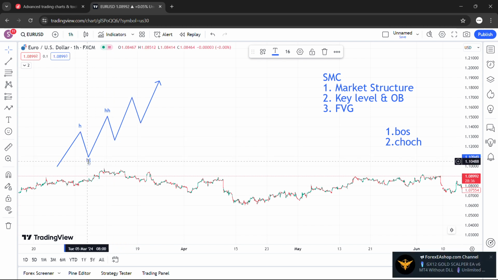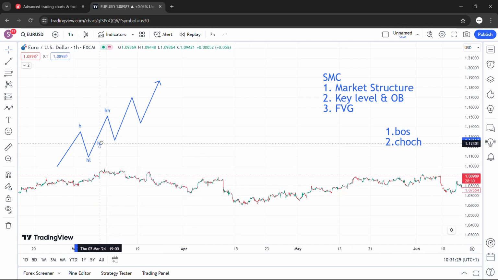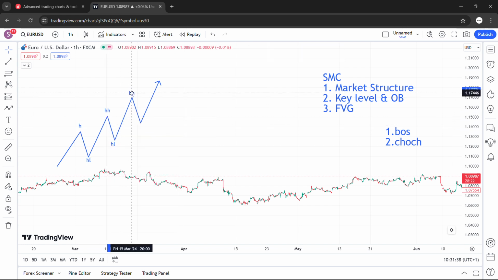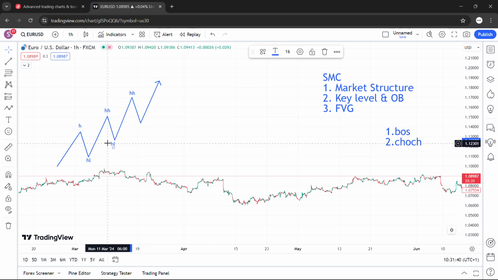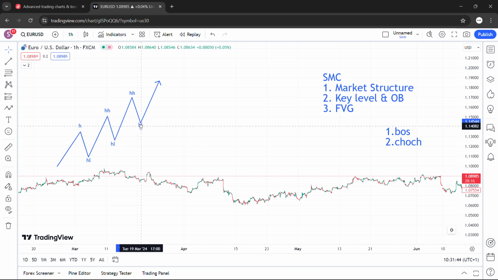Let me duplicate this one. Okay, clone. So this is a higher low, and the next one is a higher high, and then this is another higher low, and then this is a higher high.